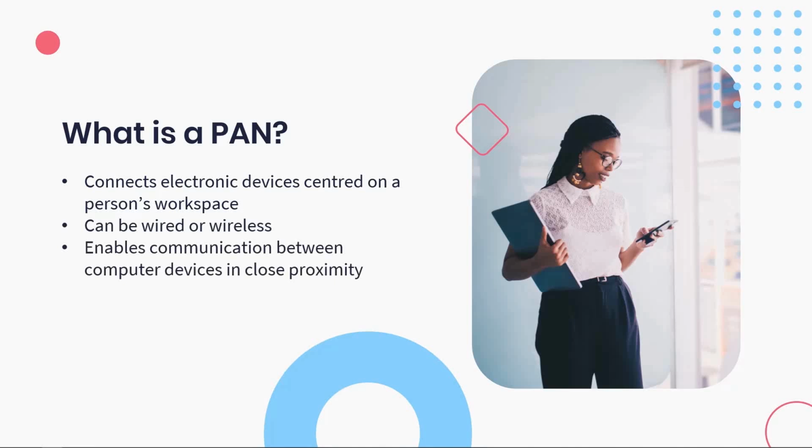With PAN technologies, end devices such as laptops, mobile phones, and tablets share data and resources. One of the most common examples of a PAN is the use of wireless Bluetooth devices to share resources over a distance of up to 50 meters, or wired connection methods such as USB or FireWire.